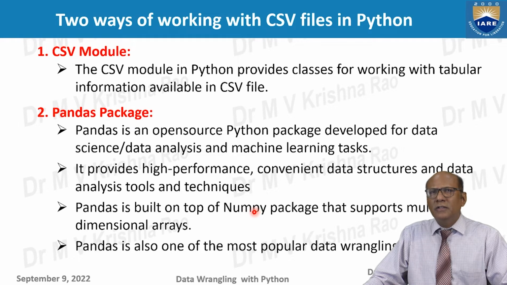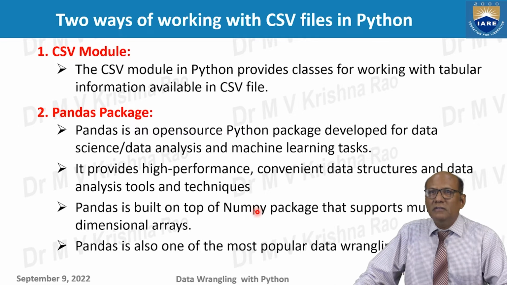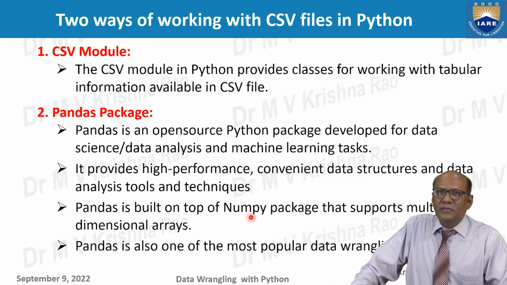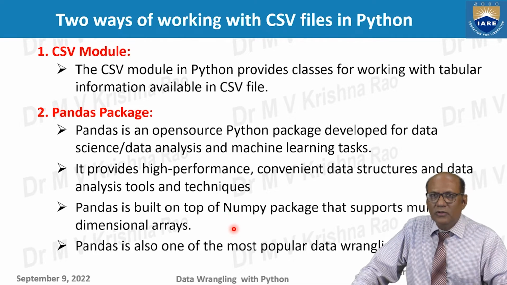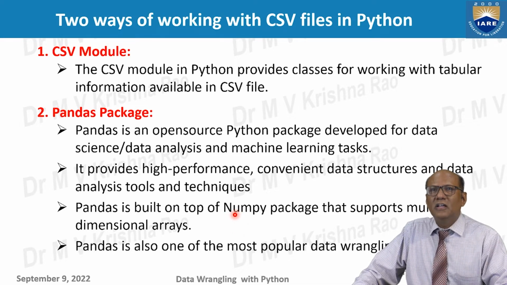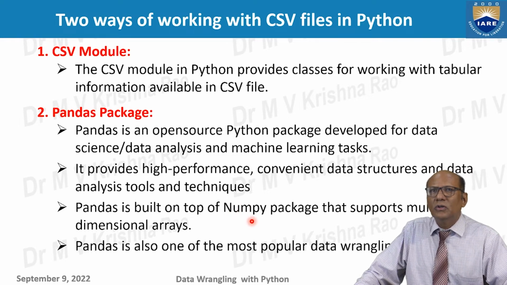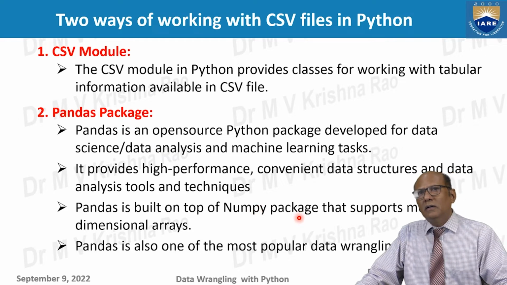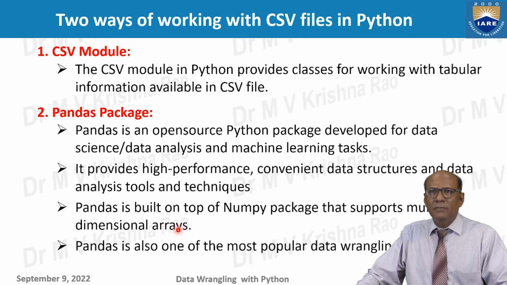A list is a mixture of all the data types, so it is not convenient. If you want to apply numerical operations on a list directly, it is very difficult, or it takes a long time to process. To get rid of that problem, this NumPy package has come, with an interface similar to MATLAB, and it supports multi-dimensional arrays.